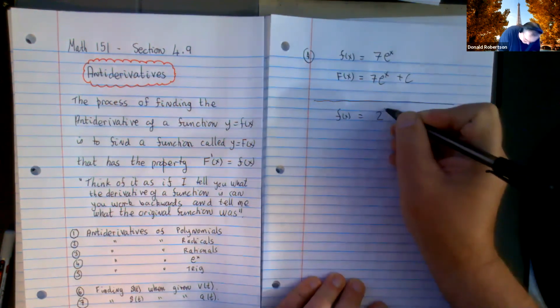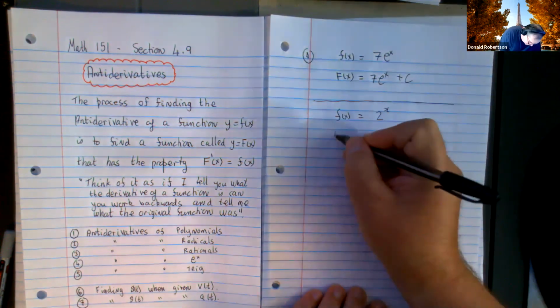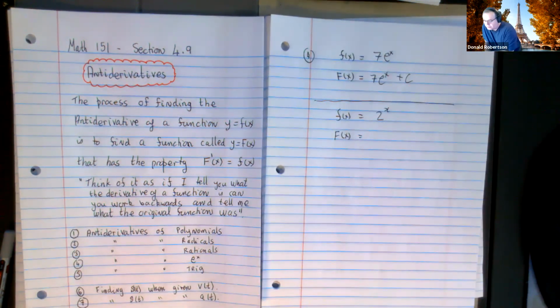Now one that's going to cause trouble. Nothing to do with the power rule. Don't do power rule. Nothing to do with that. It's really just a matter of working backwards.